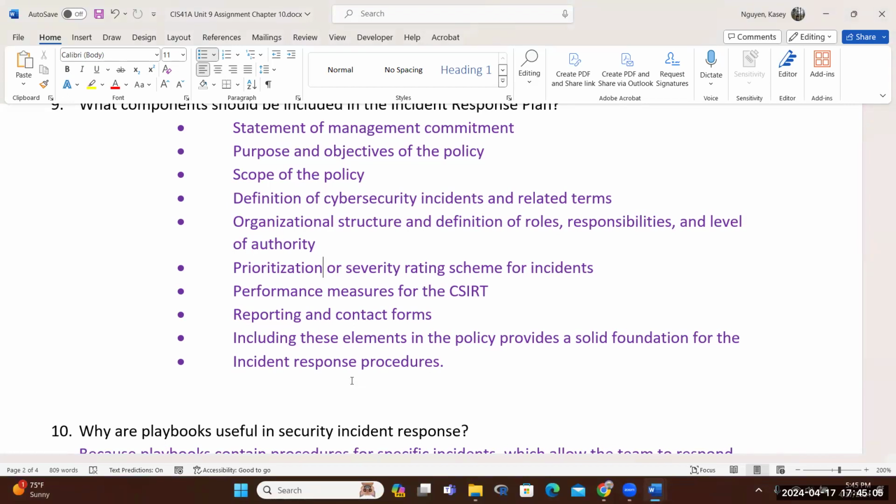I think the next to the last two bullets, the reporting and contact forms, are really important. A lot of the alerts, we rely on the system itself, but a lot of the human behavior based attacks, for example a physical attack, like someone entering your building and cutting cables, that happened before too.